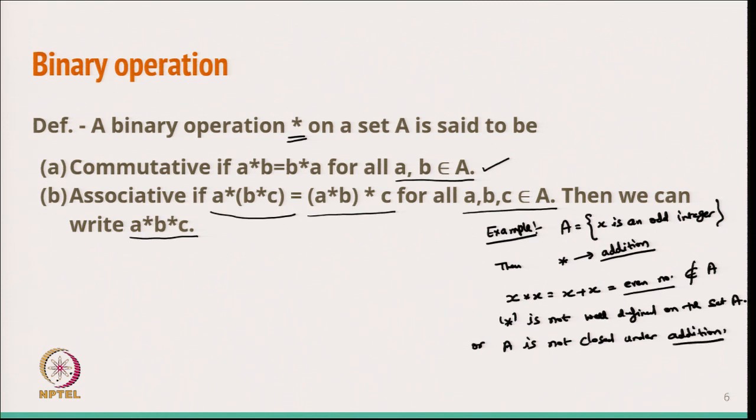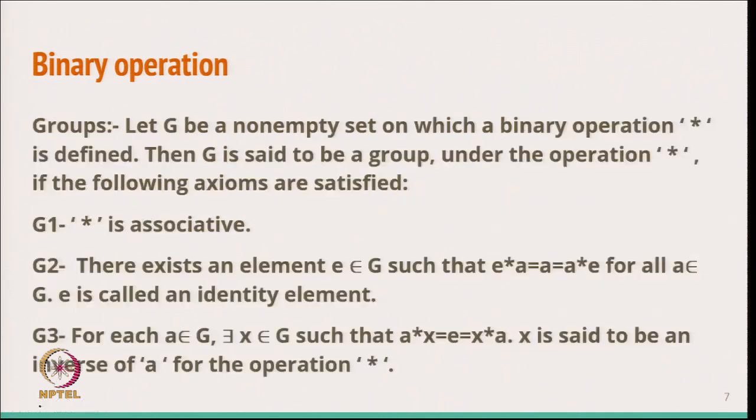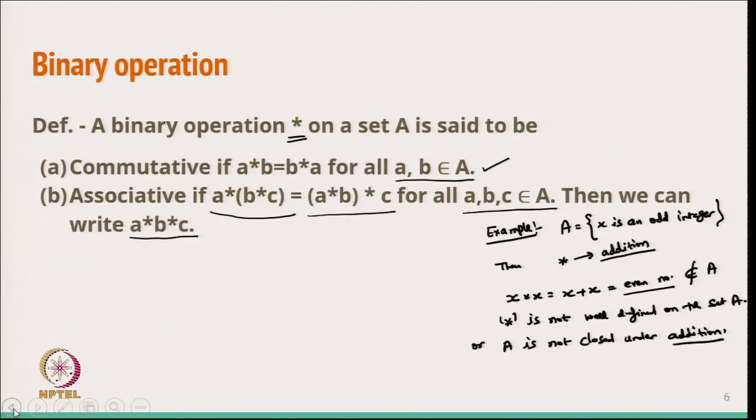Only when the result of applying the binary operation belongs to that set will we say it is closed under that operation. So in this case it is not closed under addition.